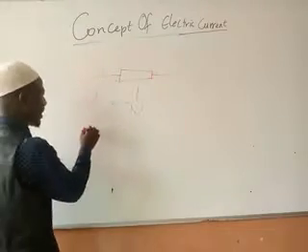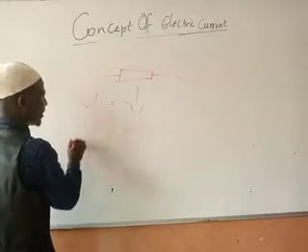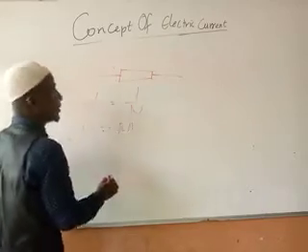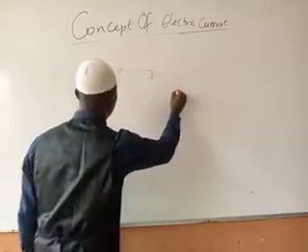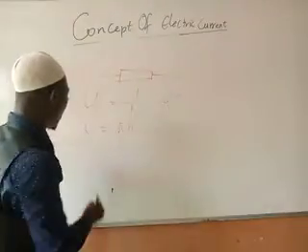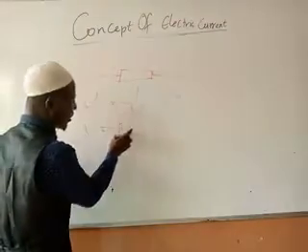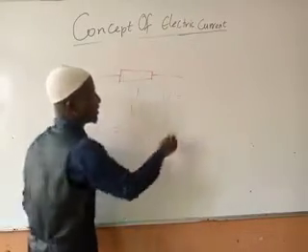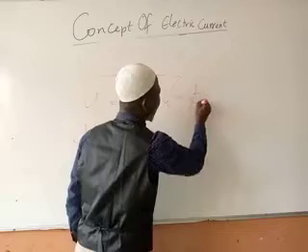So as we all know that our resistivity is RA over L. Conductivity will now be the inverse of this. That is L over RA.